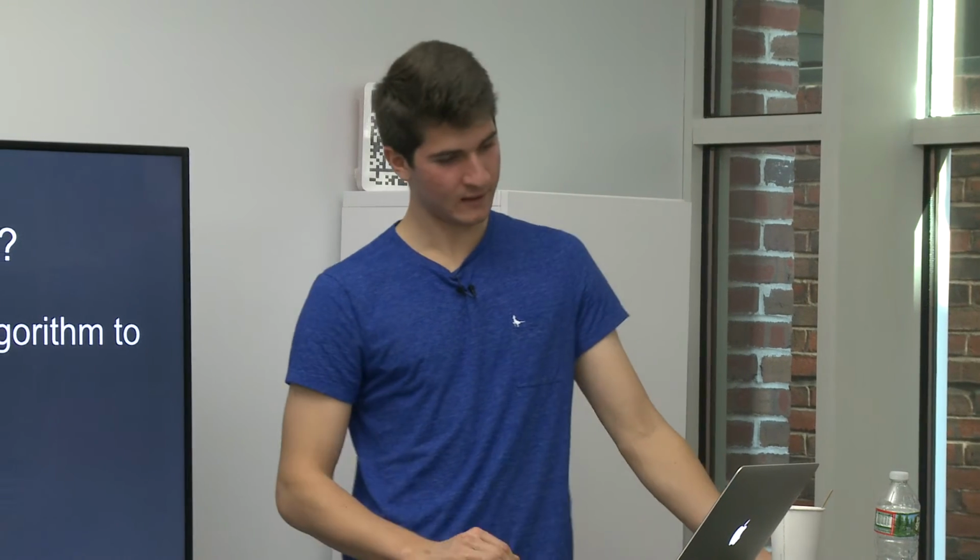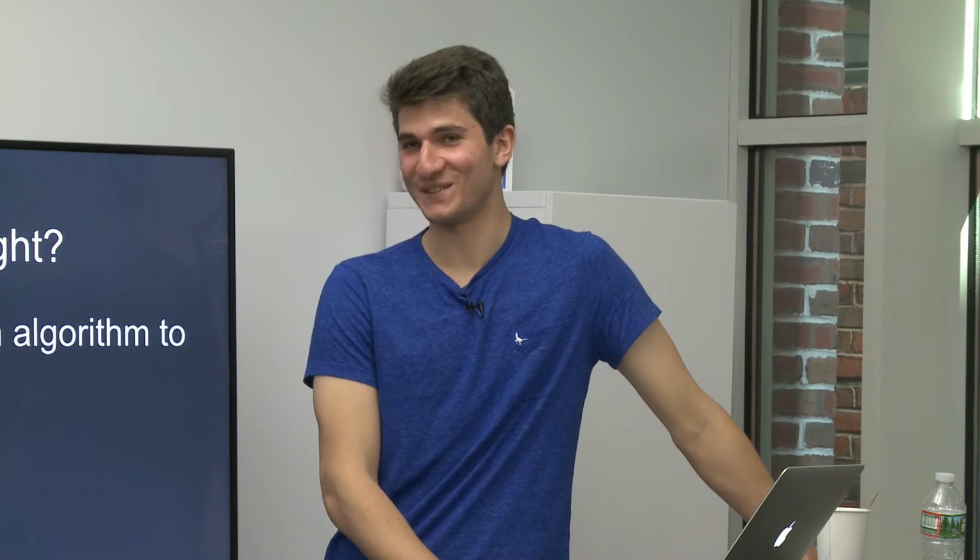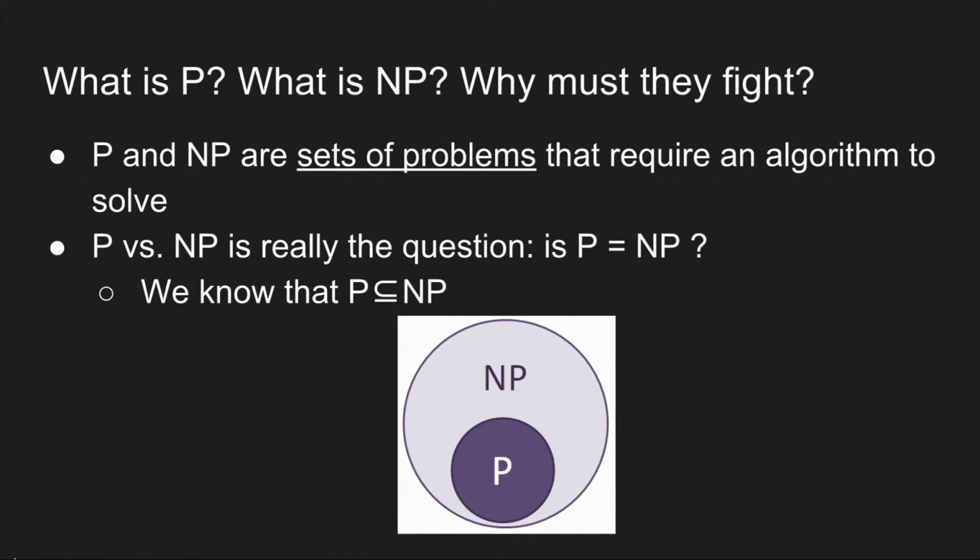And then, let's go into a little more detail about what P is, what NP is, why they are fighting, and so forth. But at the very base of it, P and NP are sets of problems. Normally in math we think about sets of numbers or sets of elements or sets of words, but now we're talking about sets of problems. The way these problems are defined is whether or not they have fast algorithms.